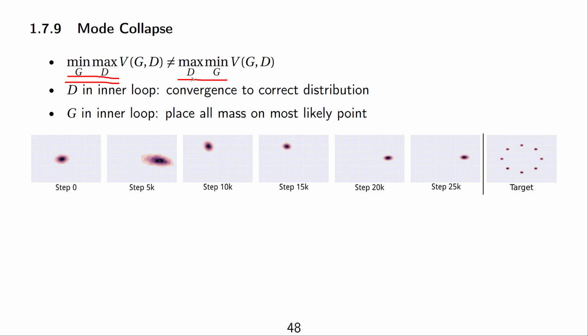However, if we switch it around, then actually the generator can use a strategy of placing all mass on the most likely point.